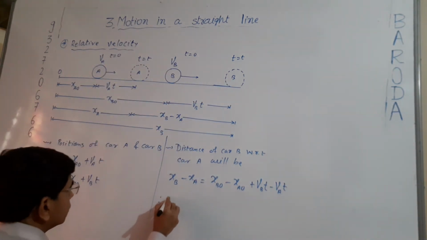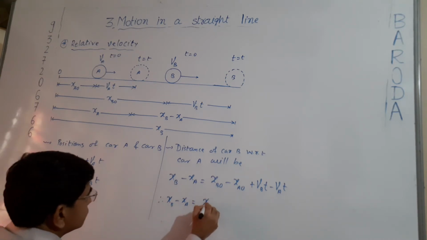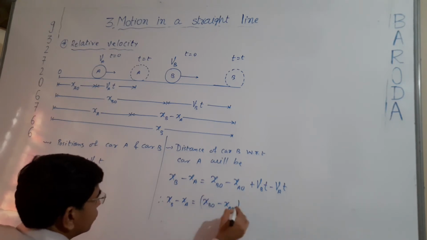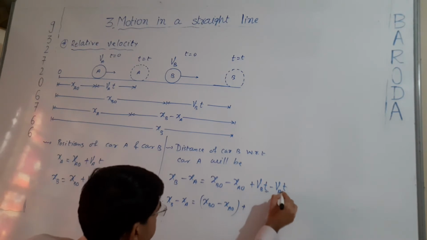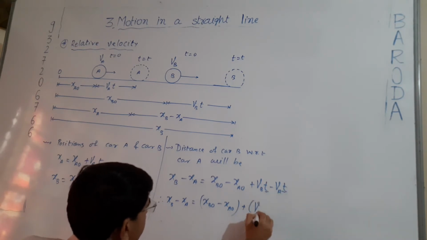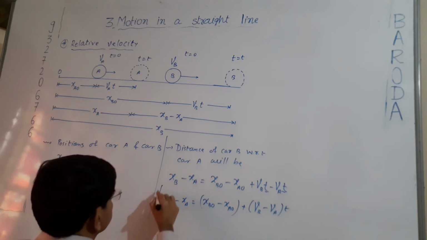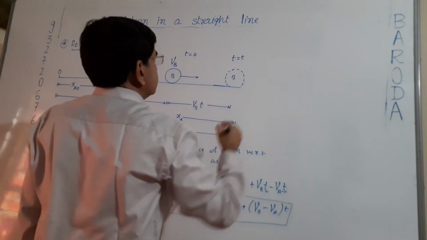Therefore, XB minus XA is equal to XBO minus XAO. We will take t common, that is Vb minus Va into t. What is Vb minus Va?